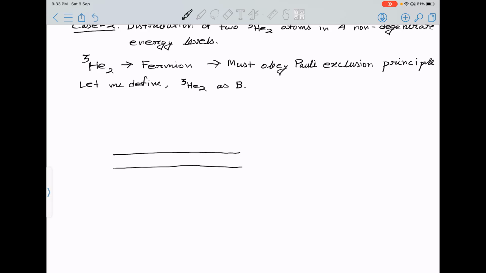Just like in the previous case, let me draw four energy levels and name them A, B, C, D. For the first case, the atoms can lie in states A and B respectively.